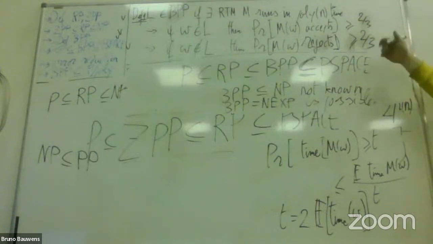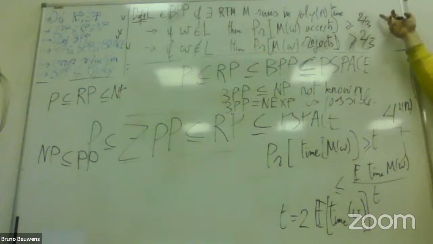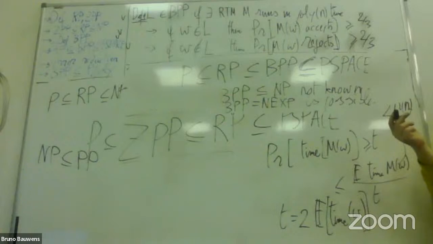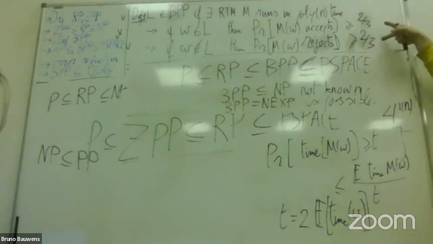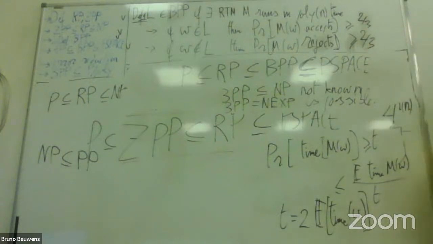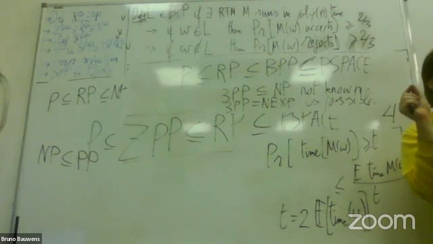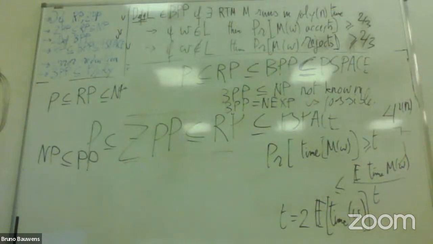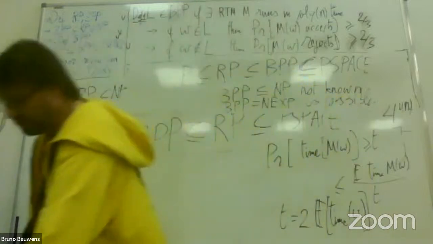But it doesn't matter, you can put 1/2 plus 0.1% or something. There is a lot of wiggle room with these probabilities, but you cannot take something exponentially close to 1/2, then it becomes a useless definition. I mean, not completely useless, but nothing you need to worry about.